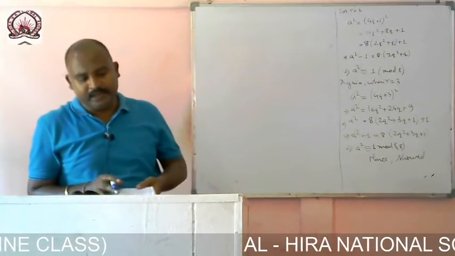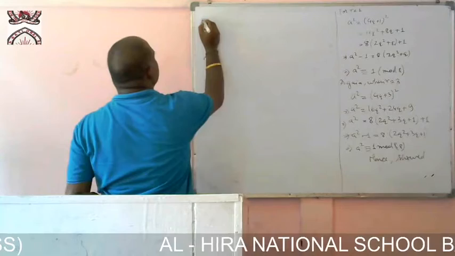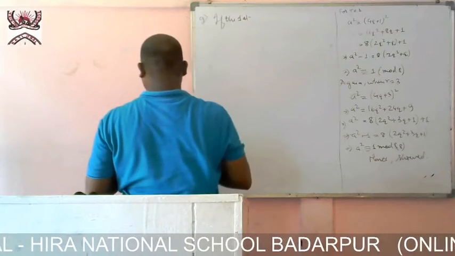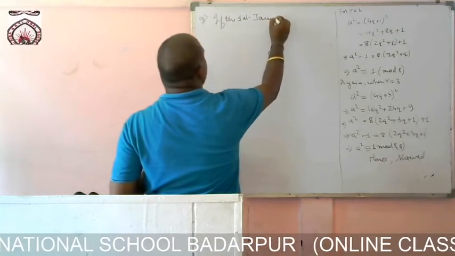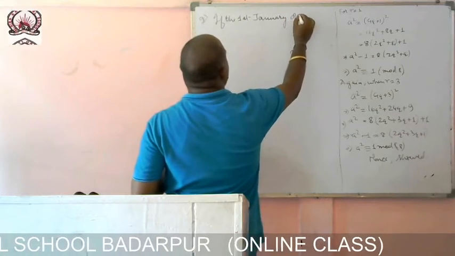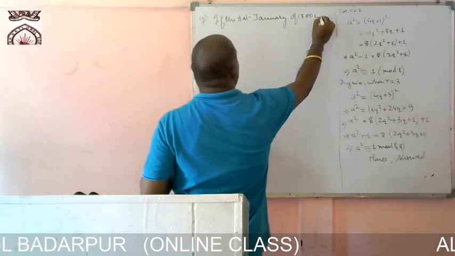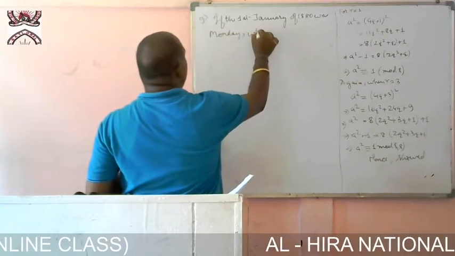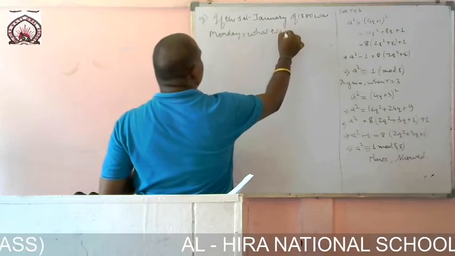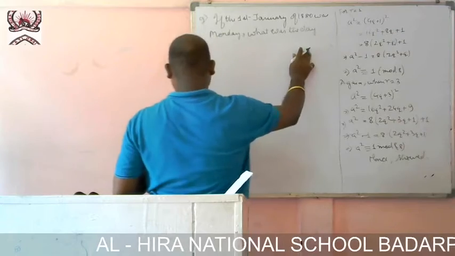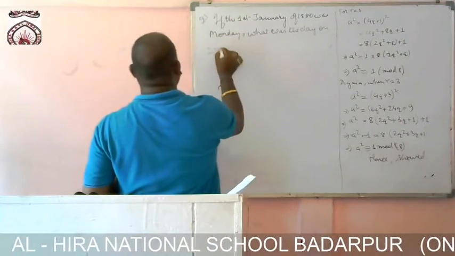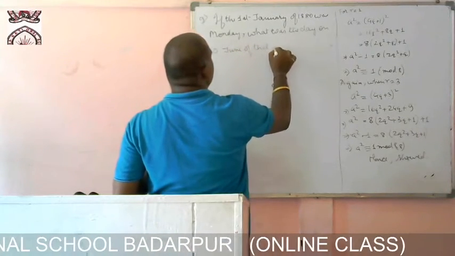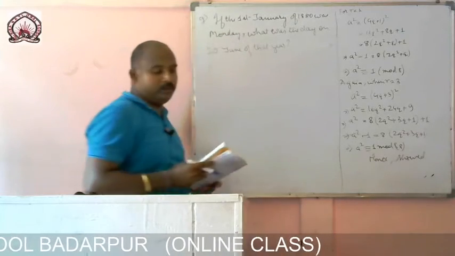If the 1st January of 1880 was Monday, what was the day on 20 June of that year? Okay. Now 20 June of that year.